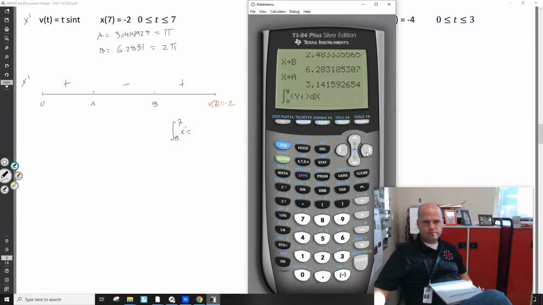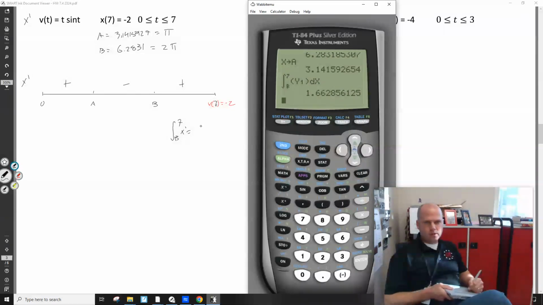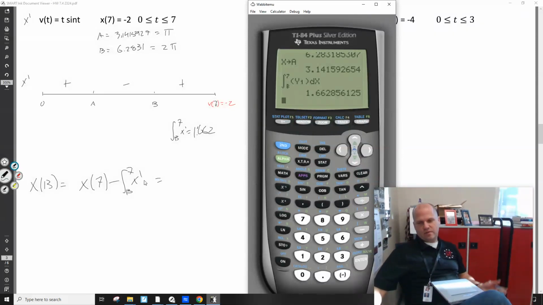B to 7. (1.662). X of b will equal x of 7 minus this accumulation. I should have dt here, but they actually don't care on the AP exam.